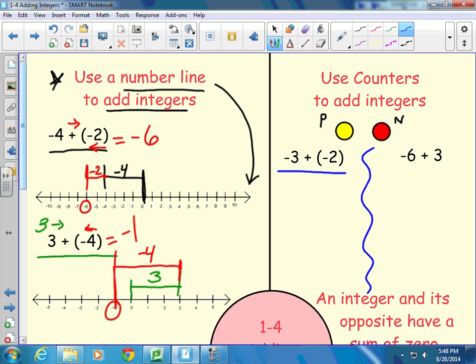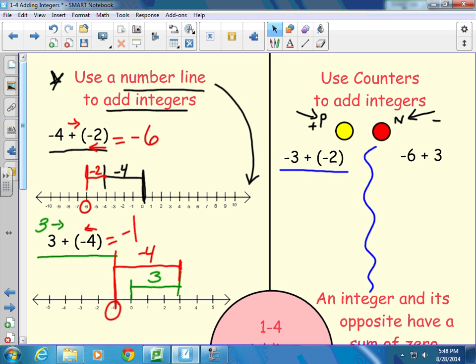So if we want to see what this -3 plus a -2 looks like, we can use that using counters. Here we see that this yellow represents positive, this red is representing negative. So we're starting with -3 right here. So I'm going to pull down 3 negative counters. Kind of think of it as I have 3 negative dollars.